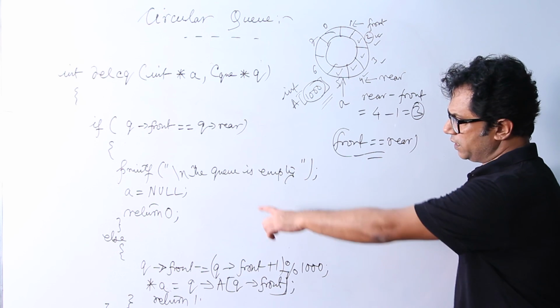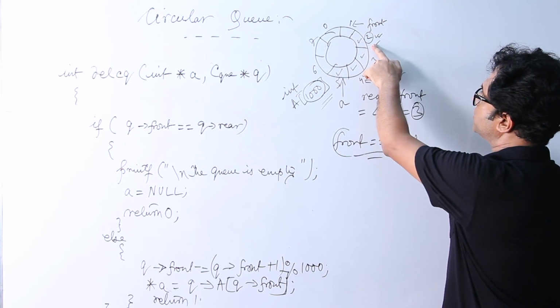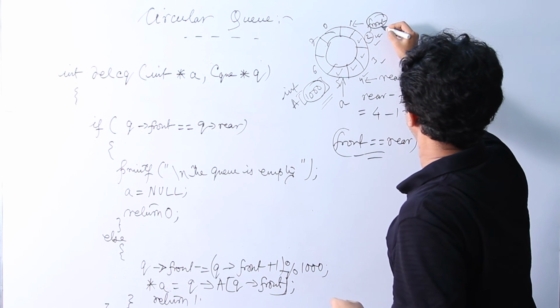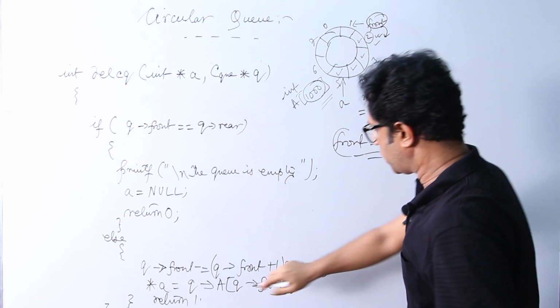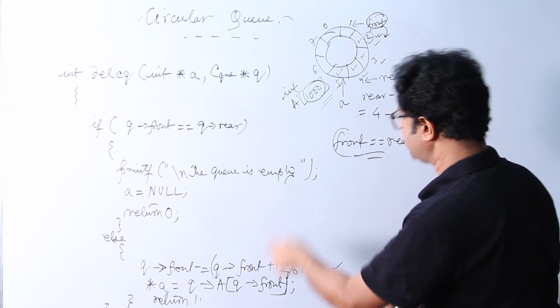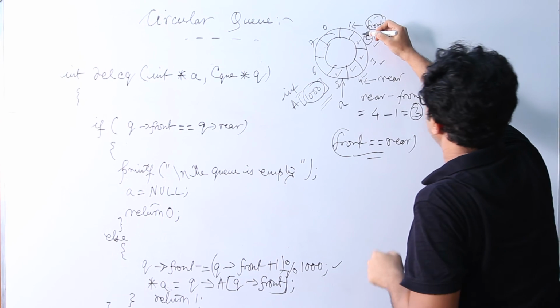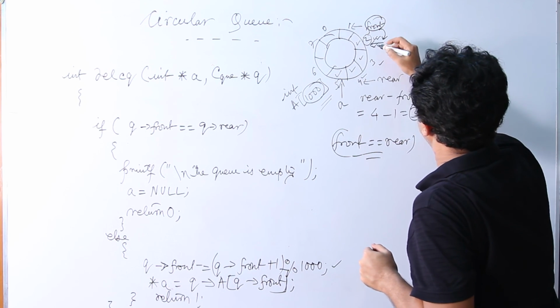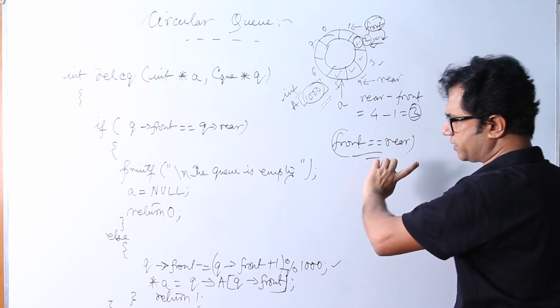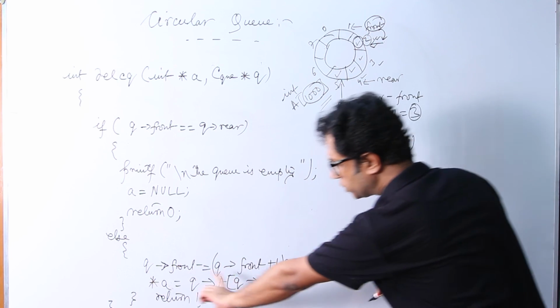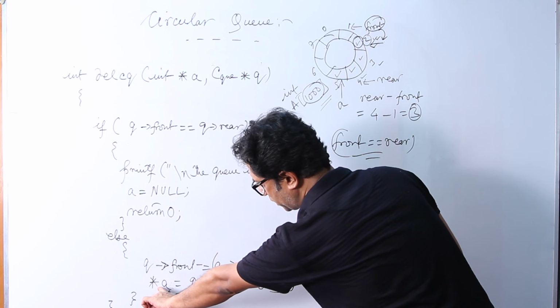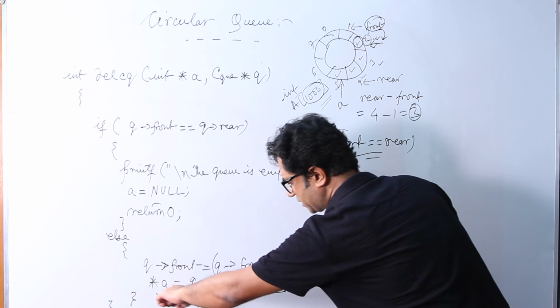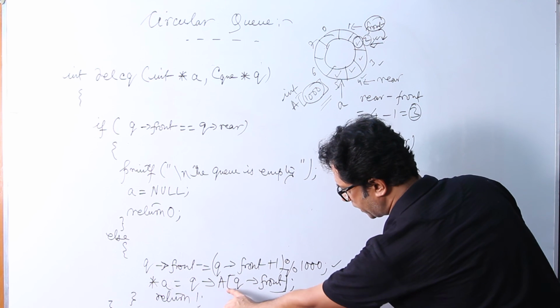So this is the deletion operation. Suppose we are going to delete this one; front is over here, and we increment the front by 1 with this expression statement. Front goes here, and then we come to this number 2 position. Front is updated. We fetch this element and assign it to the pointer variable A in this format: star A is equal to Q arrow A at Q front.